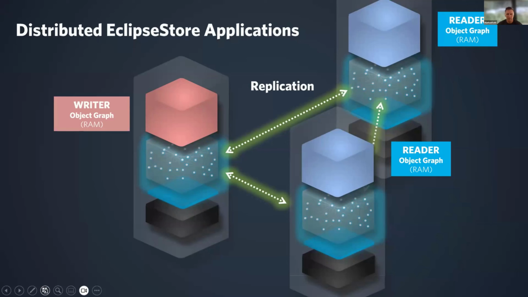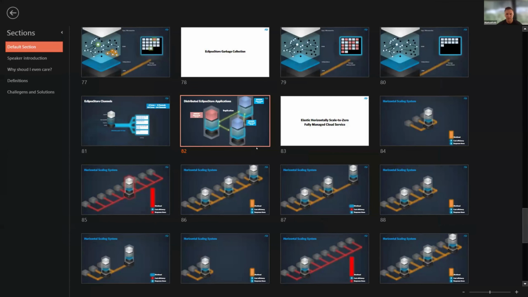You can configure that very easily, and all store operations are delegated by the load balancer to the writer node. The writer node stores your object persistently on disk and distributes the store operation to all replicas. This concept is eventual consistency, and it's built for read-heavy applications.